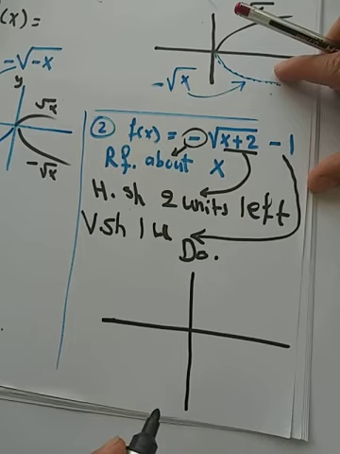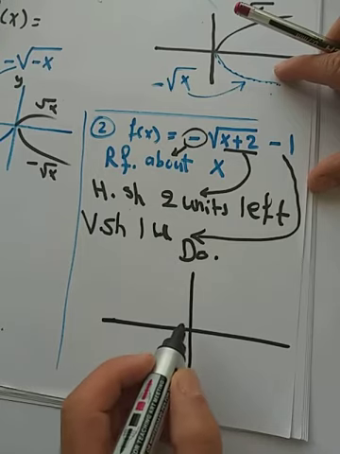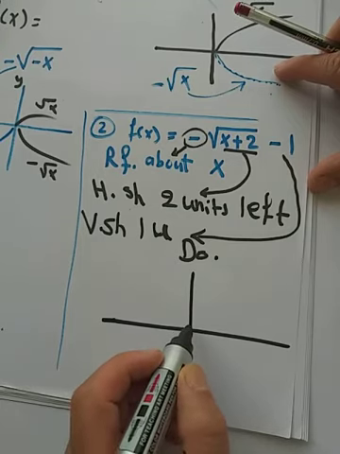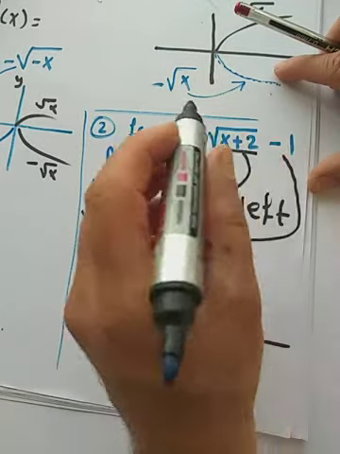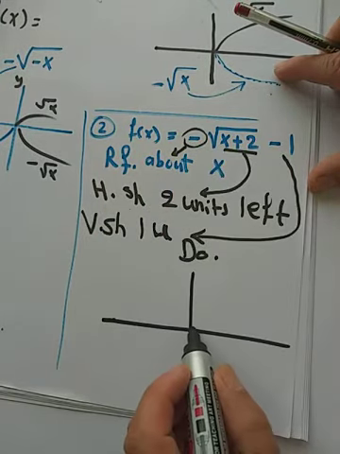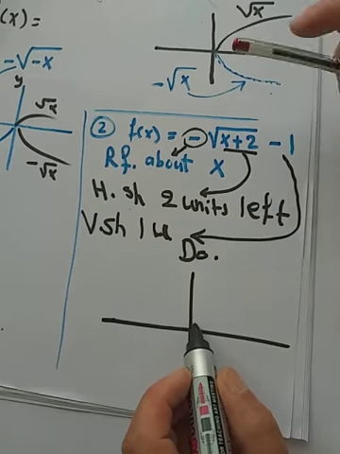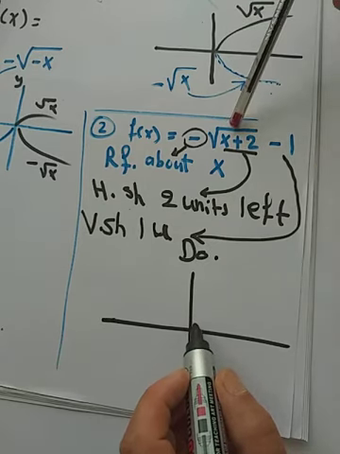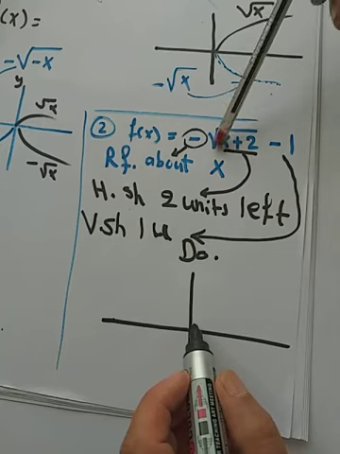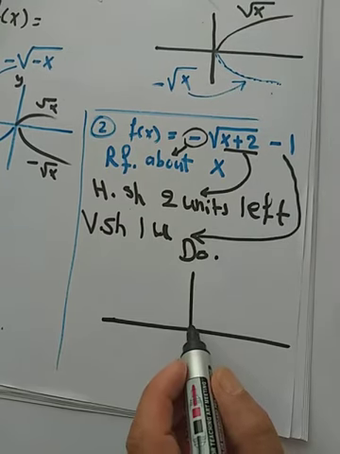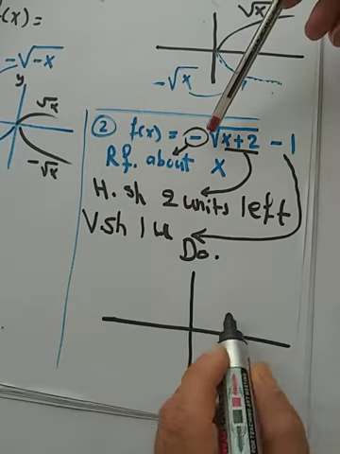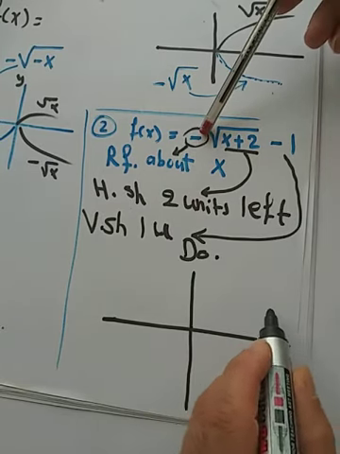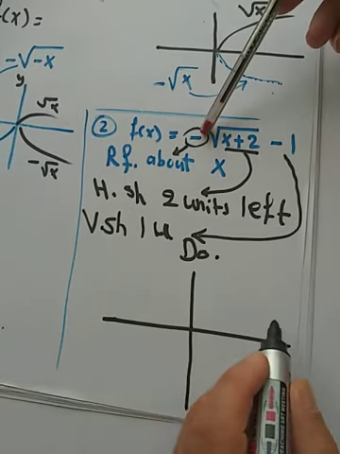Now graph. As you like, you can start with this one, this one, or this one. You get the same answer finally. The guide function is the square root, this one. Reflect about the x-axis will be this one.